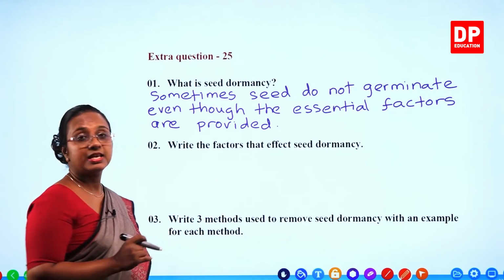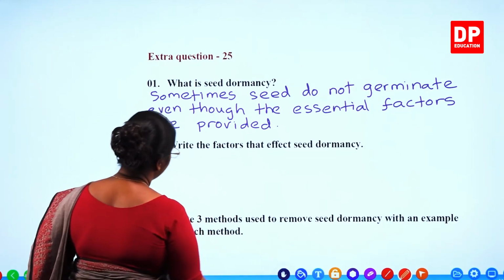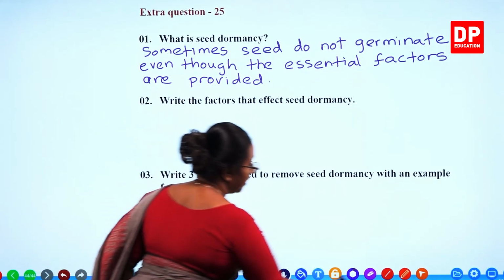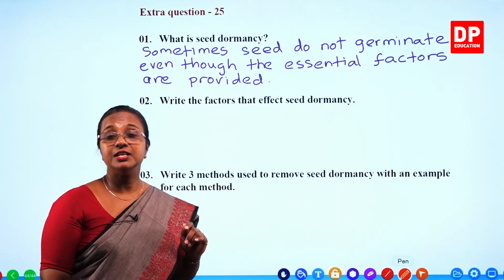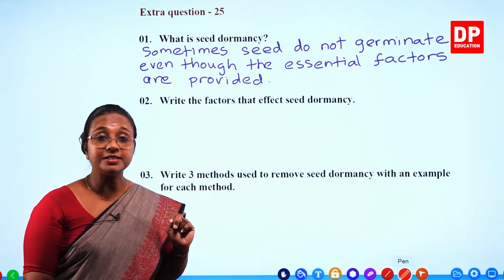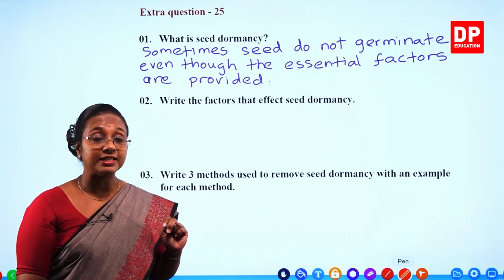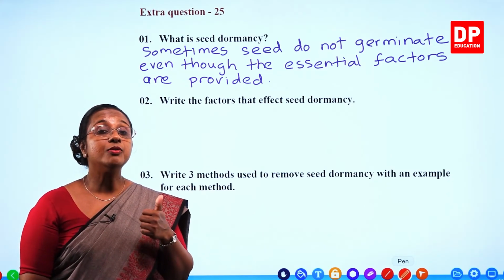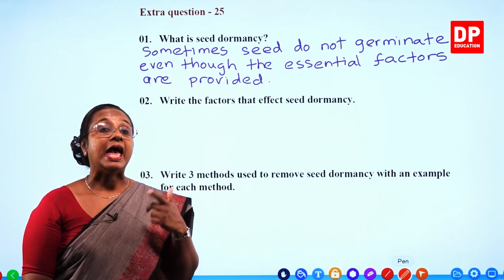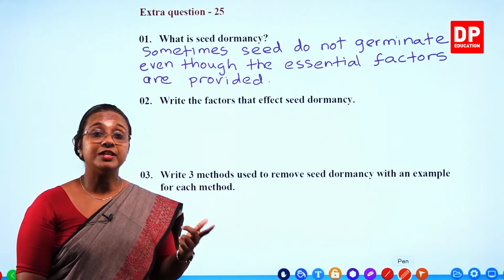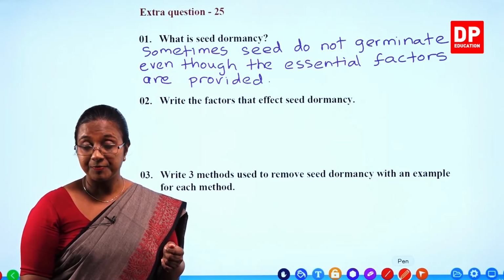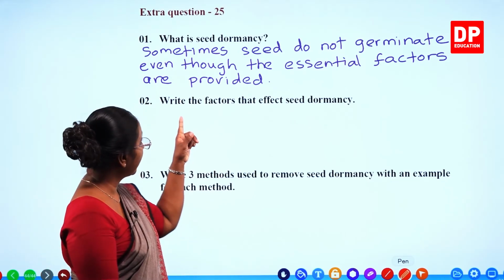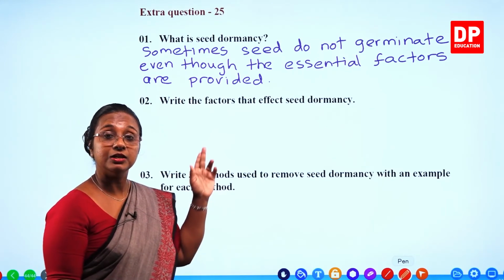That is known as seed dormancy or dormancy of seed. Then we have the next question. Write the factors that affect seed dormancy. There are two factors that affect the seed dormancy. What are they? The embryo not being matured and the impermeability of the testa or the seed coat for water or air. Those are the two reasons why the seeds remain under dormancy.